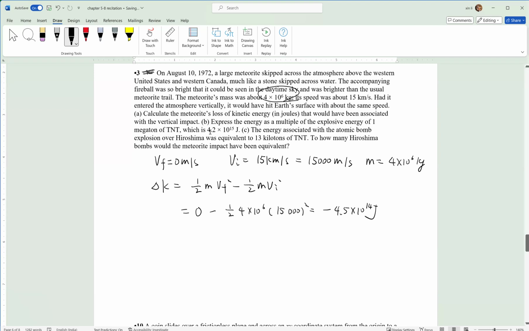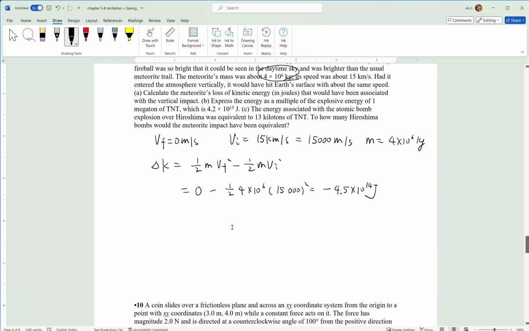Okay. And here we have TNT, megaton of TNT, it's this amount of joule. So convert this to TNT, it's 4.5 times 10 to the power of 14 divided by 4.2 times 10 to the power of 15 joule.